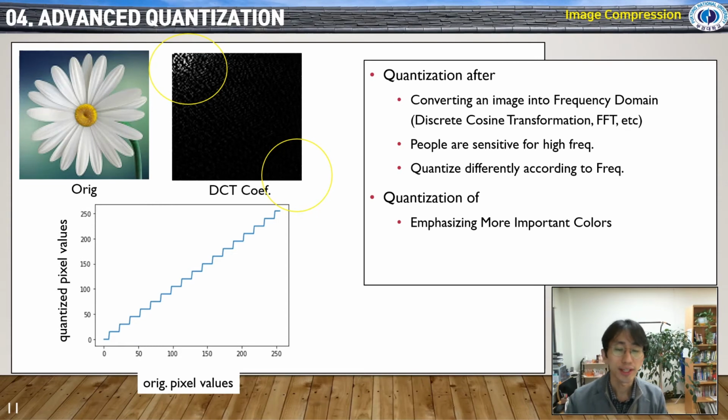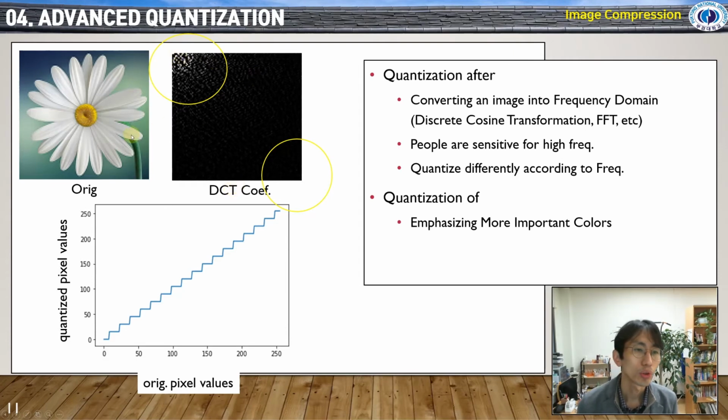Then we can extend this idea, and we can use the quantization after dividing the original image into the frequency domain area. We can use the Fourier transform, and we can also use the DCT, discrete cosine transform. And this is the result of this discrete cosine transformation.